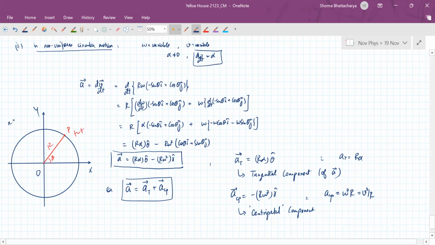So in a non-uniform circular motion, the acceleration will have two components. It will have a tangential component and a centripetal component, such that the net acceleration now is neither tangential nor centripetal. The net acceleration vector like this, you can see, will become the vector sum of these two. So it will be like this.